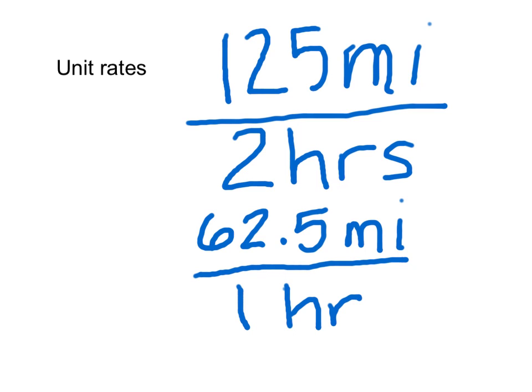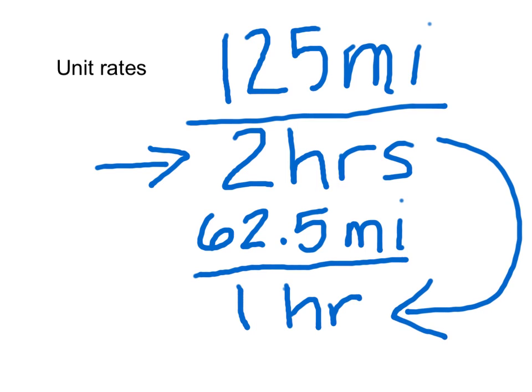You will have to divide both the numerator and the denominator by the number in the denominator. I divided by 2 in order to get my single unit in the bottom of the rate. Okay? It's very important that you keep the labels for the measures in your rate.